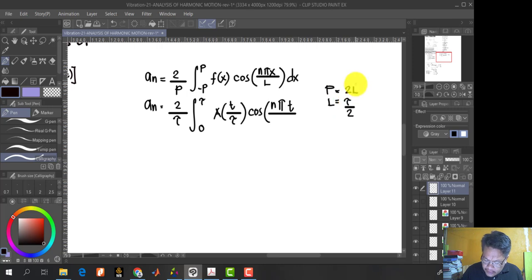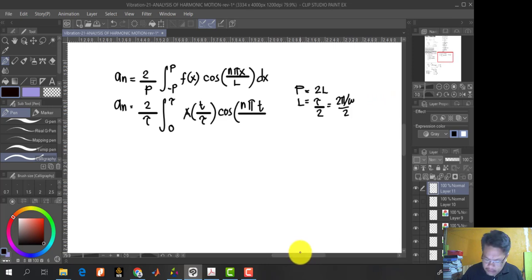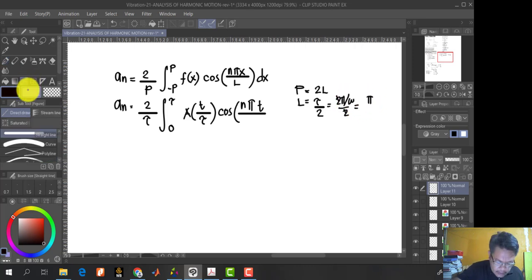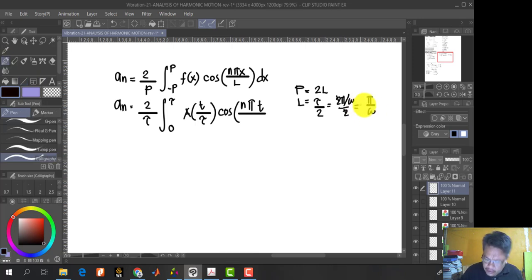So we can express this one, yung value ng period natin, that will be 2 pi times your angular velocity over 2. Or let's say it can be rewritten as, so usually cancel naman yan. So ang maiiwan na lang, that will be pi, no? All over my angular velocity. So yun na maiiwan. Then we can substitute here sa equation.